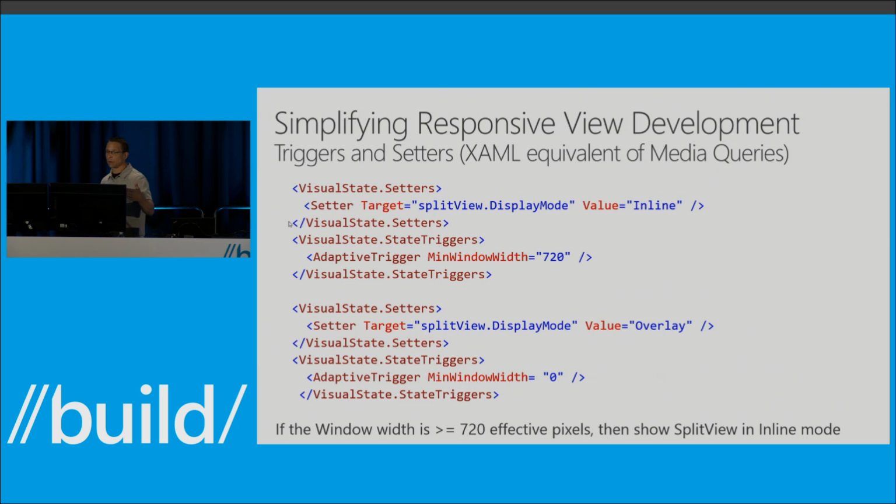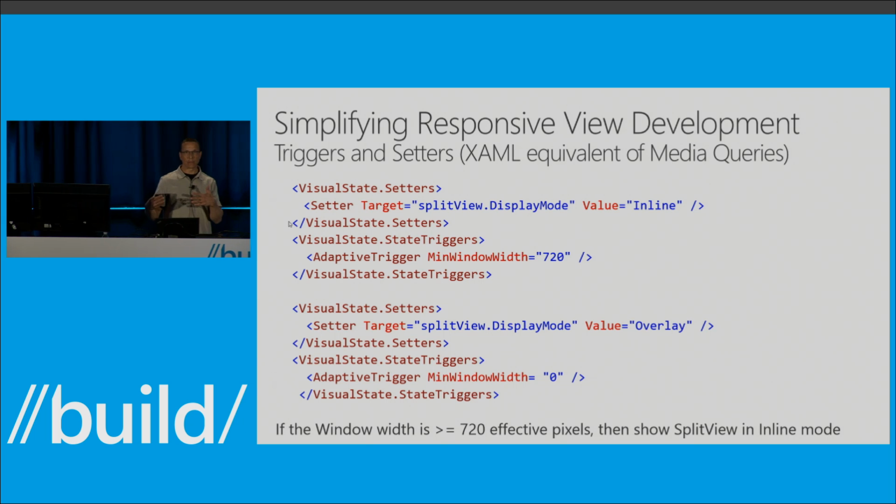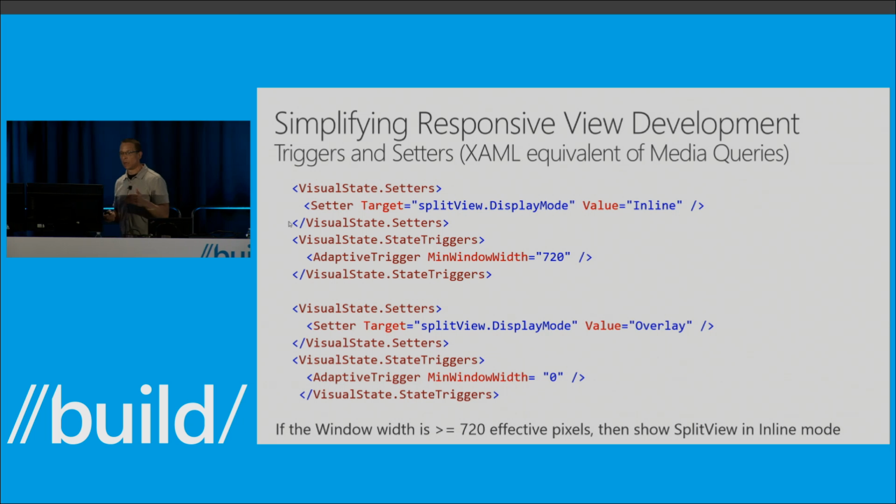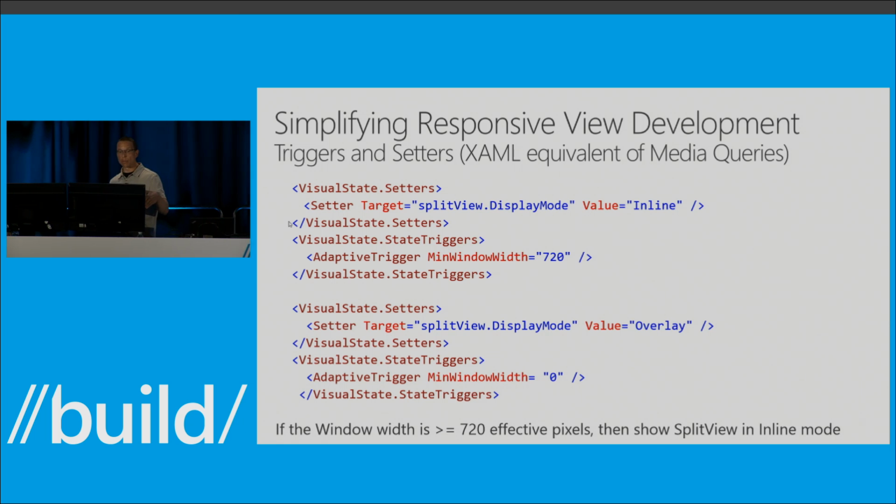In the current version, the design solution for this is not online yet, but we made it declarative so the designer can do this. The bottom rule says when my size is between 0 and 720, I want to set this set of properties and do these actions, and the top one says 720 and beyond, do these sets of actions.